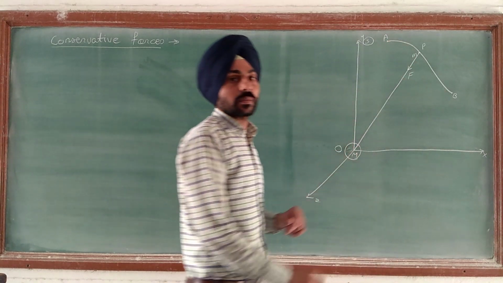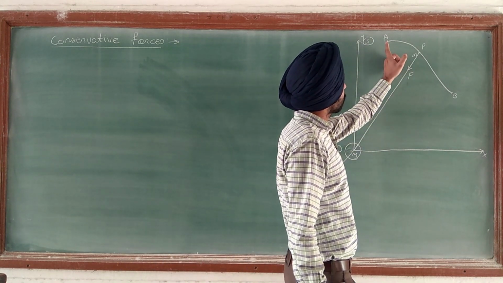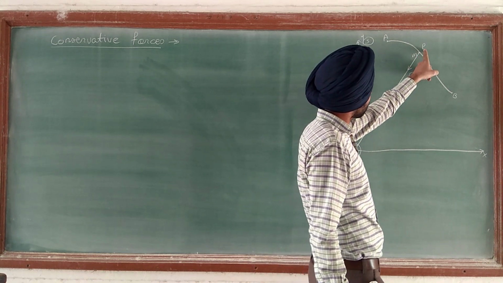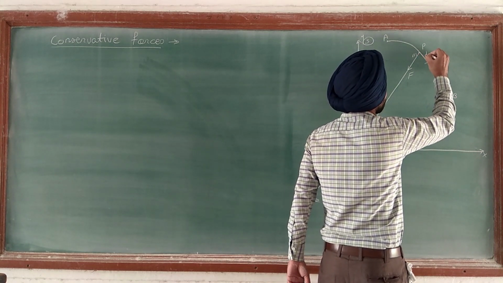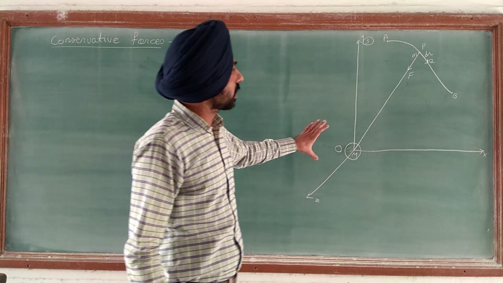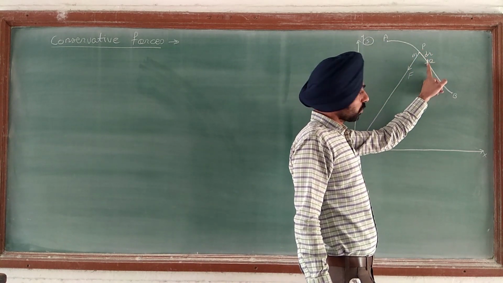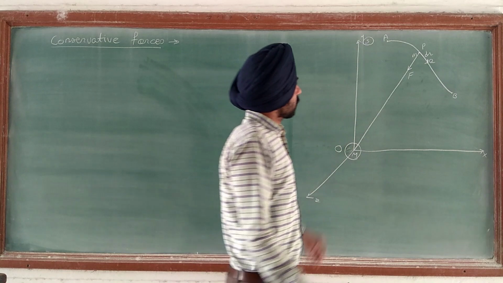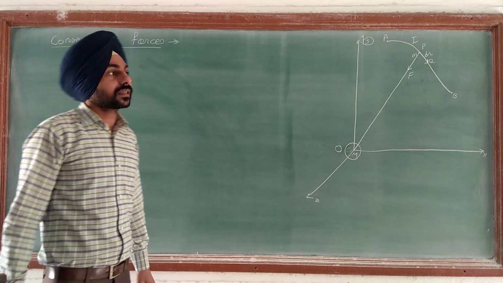So we have to calculate the work done by the force F for moving the particle from point A to B. Suppose at some time the particle is at point P and it moves a small distance dr along this path and reaches some point Q. First we will find the work done by the force for moving the particle from P to Q, and then we will integrate it along the whole path A to B. Let this be path number 1 followed by the particle.